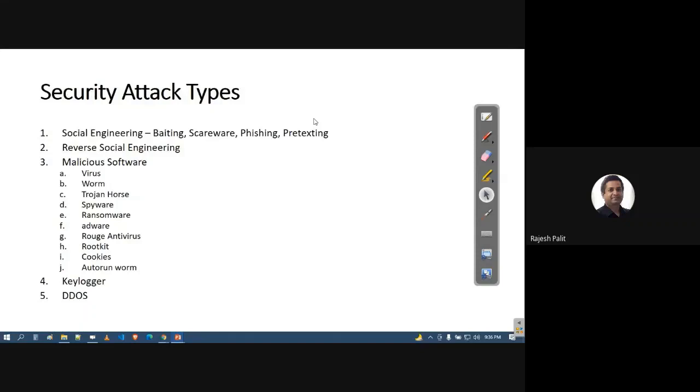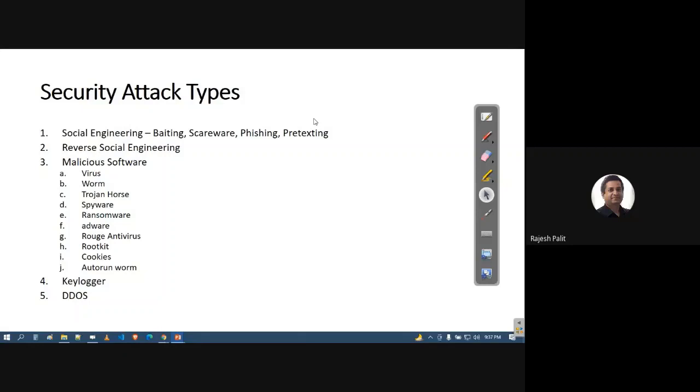Now, what are the types of security attacks we have? These are classified into categories: social engineering, with 4 types: baiting, scareware, phishing, pretexting. Then reverse social engineering, then malicious software applications. There are a number of malicious software applications: virus, worm, Trojan horse, spyware, ransomware, adware, rogue antivirus, toolkit, cookies, and autorun worm.